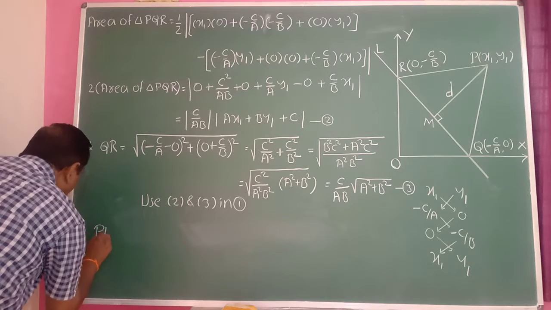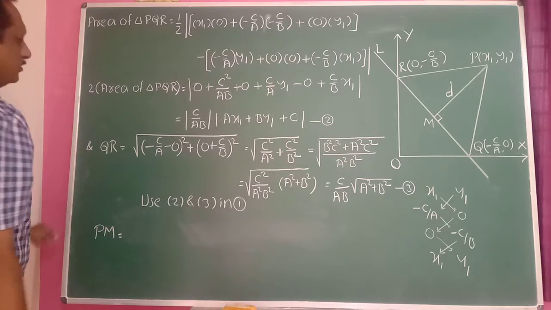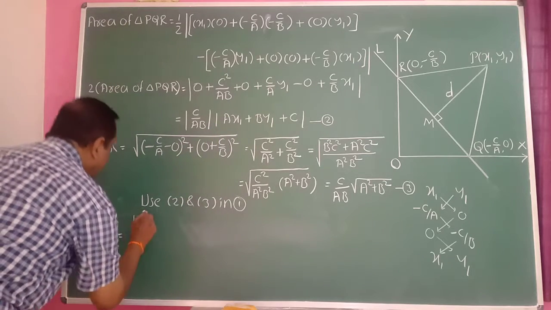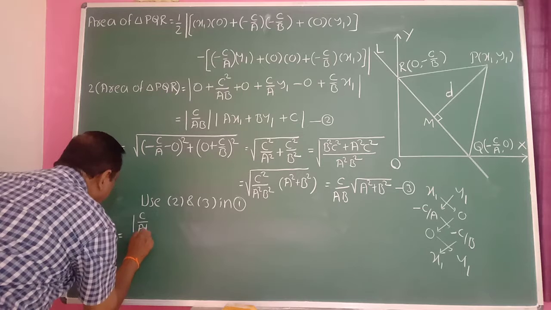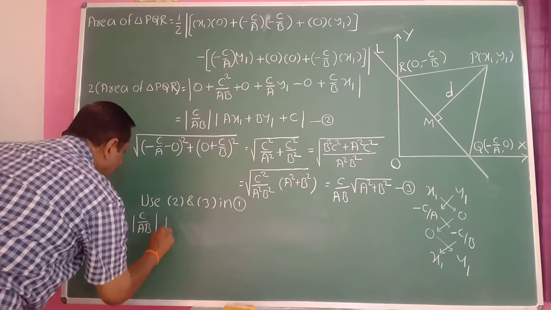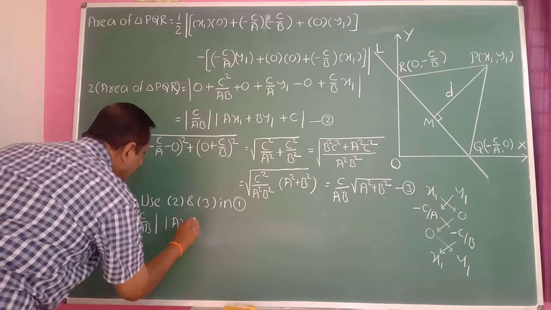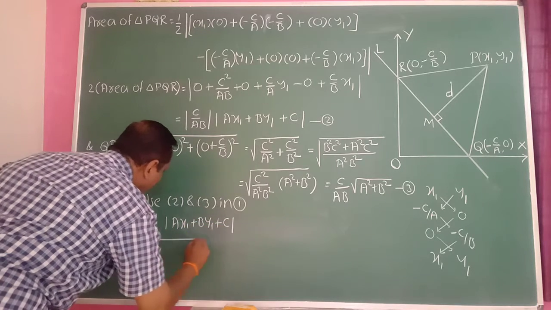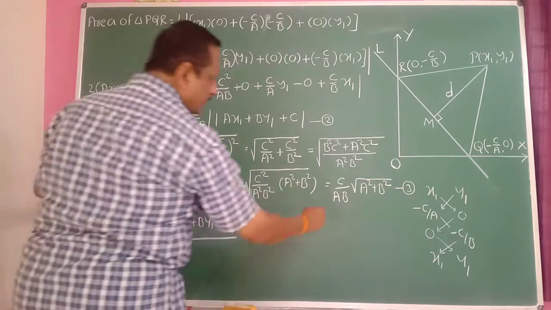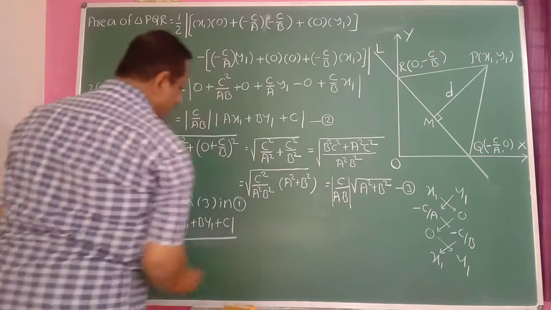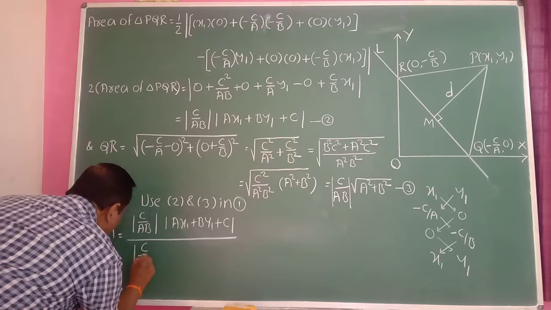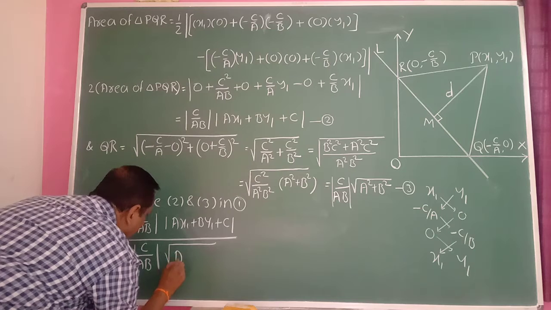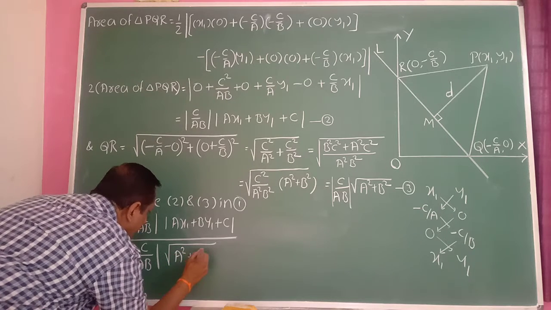Therefore, PM is equal to, write this one in the numerator, modulus of c divided by ab into modulus of ax1 plus by1 plus c divided by, then QR, you can take a modulus here. So modulus of c divided by ab root of a square plus b square here.